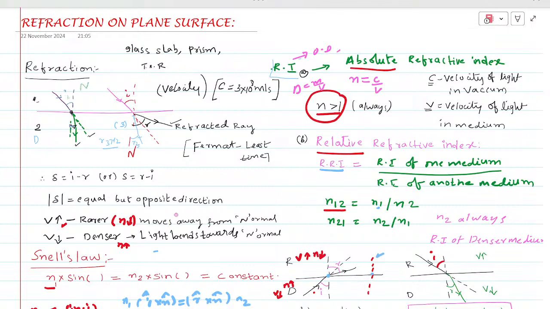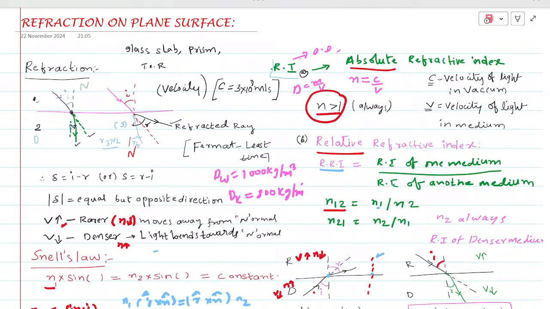The density of water is 1000 kg per cubic metre, whereas the density of kerosene is 800 kg per cubic metre.